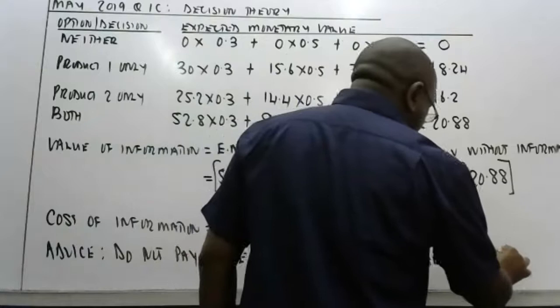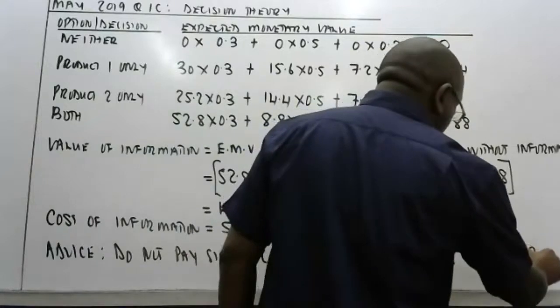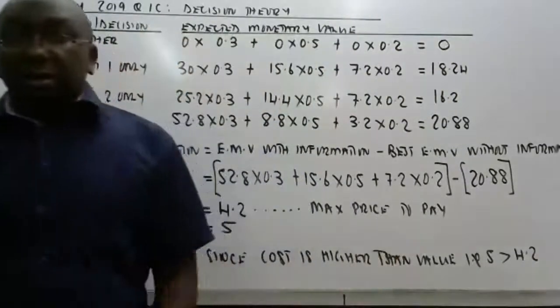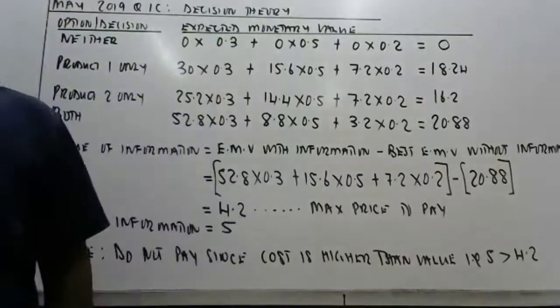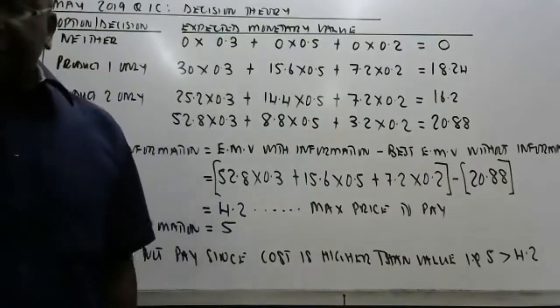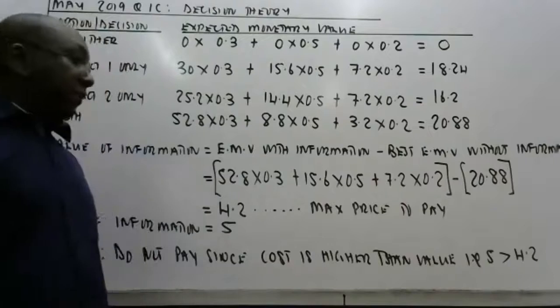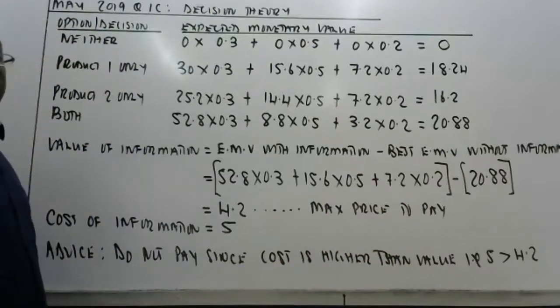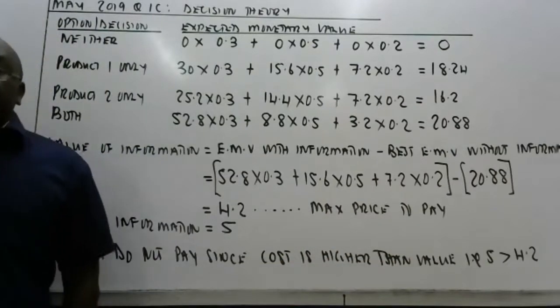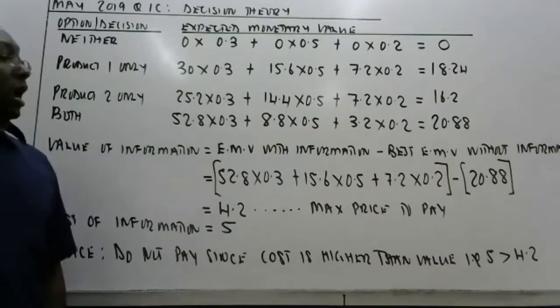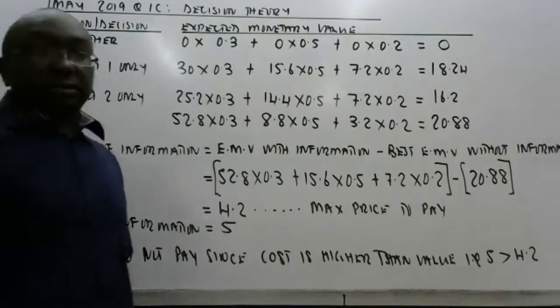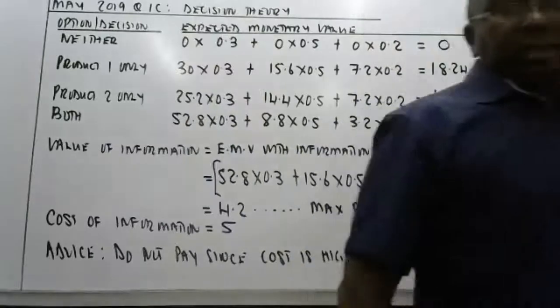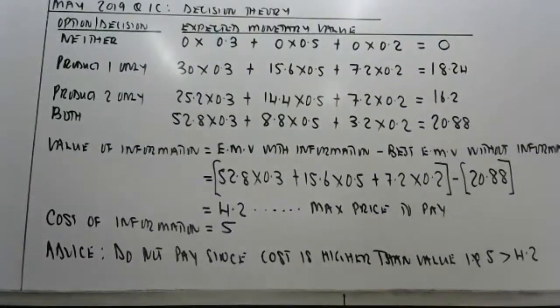That is, 5 is greater than 4.2. Yes, Jared, they should not pay because the cost of 5 million is higher than the benefit of 4.2. That is how you argue such a scenario.